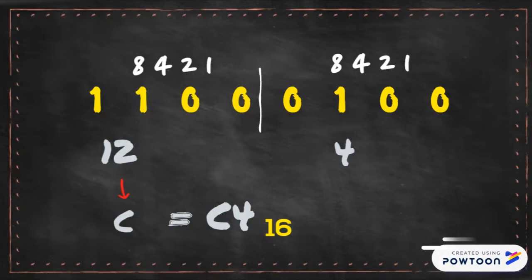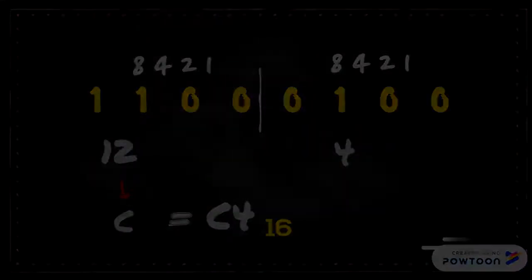We will not put 12 because the hexadecimal numbers from 10 to 15 are equivalent to letters. 10 is A, 11 is B, 12 is C, and so forth. So instead of putting 12, we will put C. So our hexadecimal is C4.